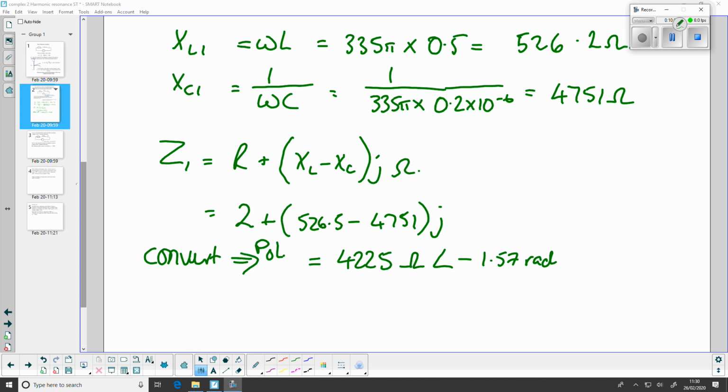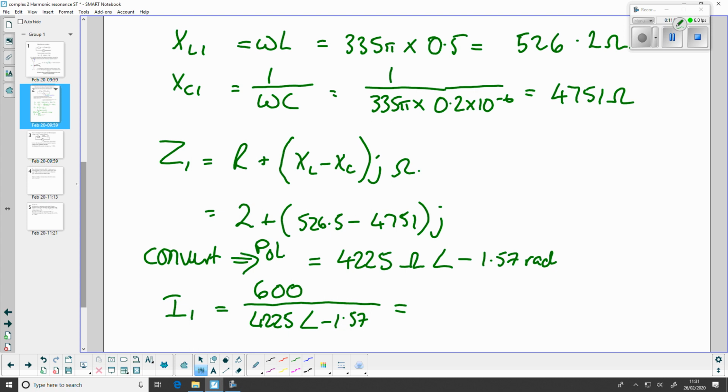So now we can calculate the fundamental current I1. That is the fundamental voltage 600, no angle specified so we assume it's nothing, divided by this impedance, 4225 angle minus 1.57 radians.